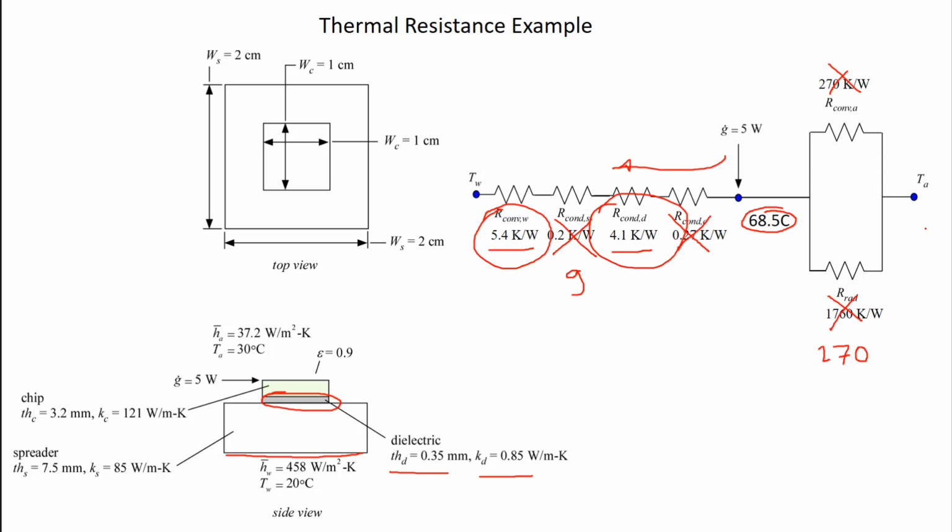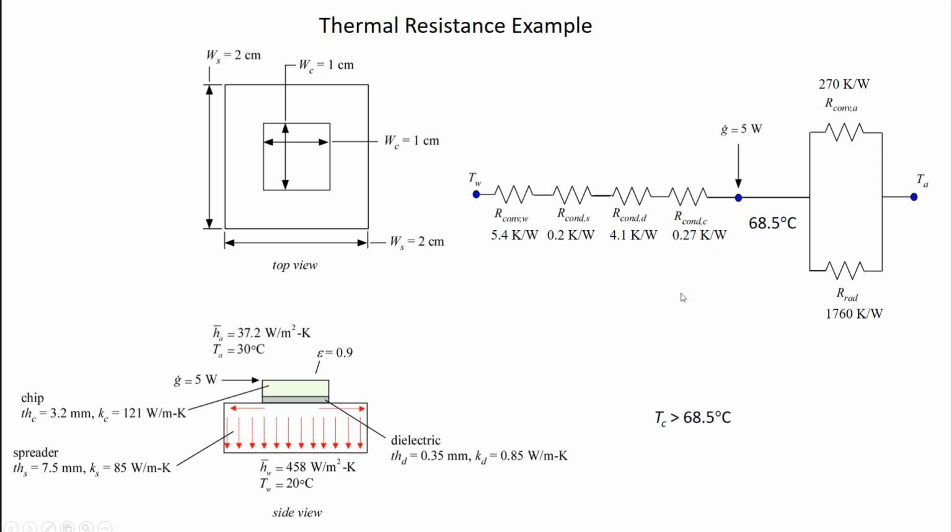I've made some assumptions when I built this resistance model of the situation, right? So what assumption did I make that is actually limiting the accuracy pretty seriously? And let's think about that for a second.